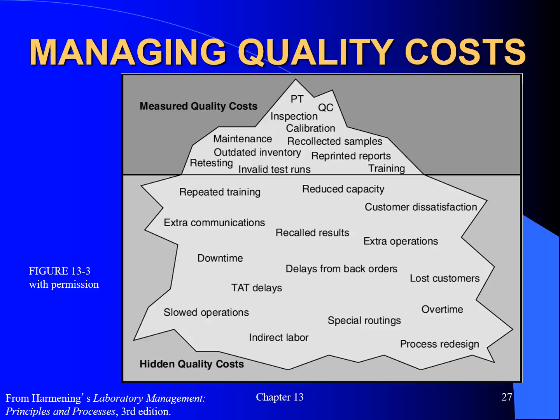An iceberg analogy is often used to illustrate the concept of 10% visible and 90% hidden. The tip of the iceberg represents easily identified and measured good and bad quality costs, while the remainder of the iceberg under the surface represents many of the really bad quality costs in laboratory operations and service delivery.